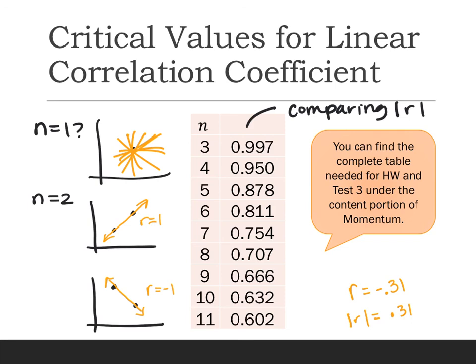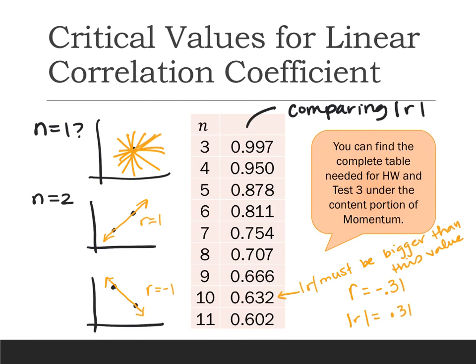And in order for us to say that there is a relationship, the absolute value of R must be bigger than this value, because I had 10 values in the made up data set. So my R of 0.31, not big enough for 10 data values.